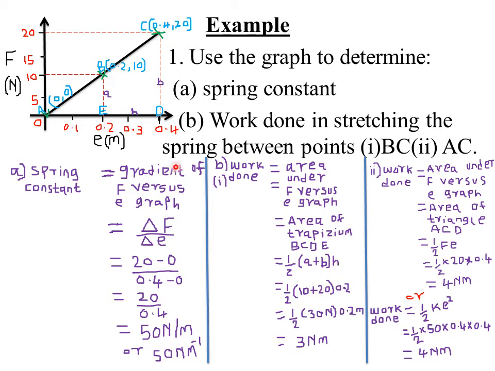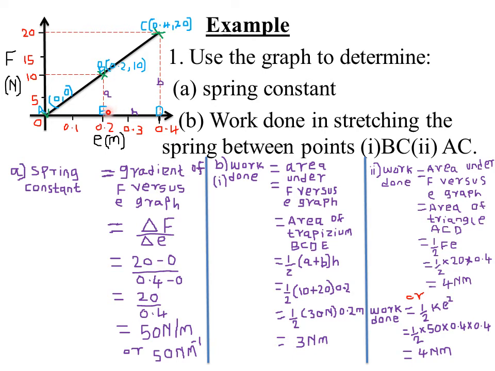Then the height. Remember the height is the distance ED, that is the height of this particular trapezium, or the vertical distance between the two parallel sides BC and DC. So the height represents this distance H, or this distance ED.